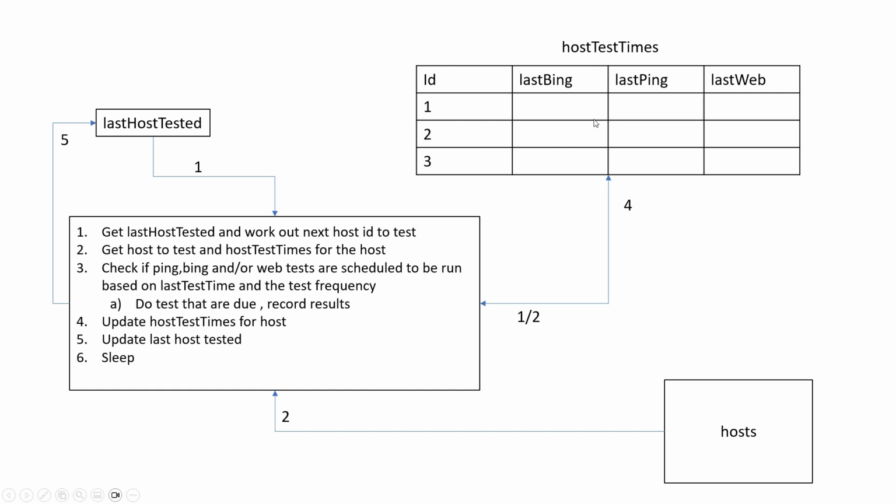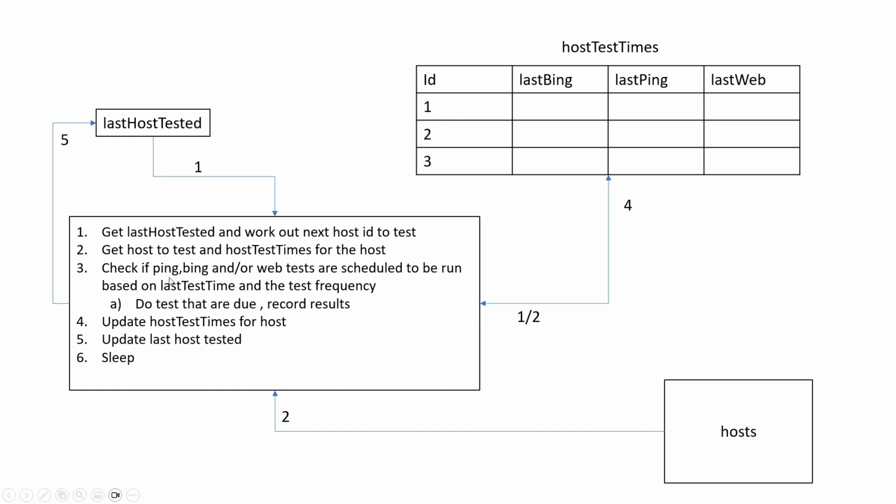So this will be a new memory-based table of basically the host ID and last ping, last web times. And it'll also retrieve the test information, the things about, are we doing our ping tests? What is the web URL that we're actually going to be testing for the web tests?